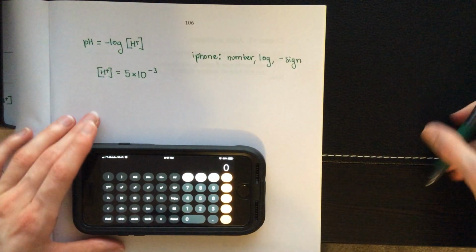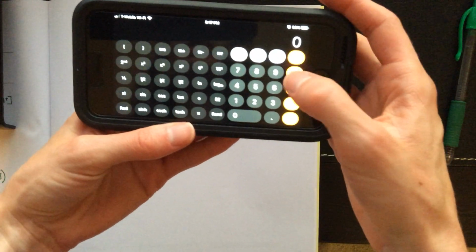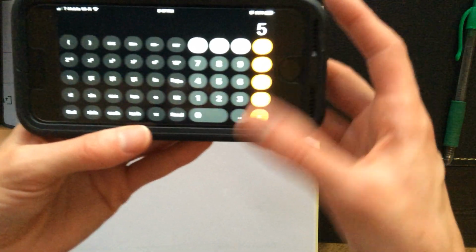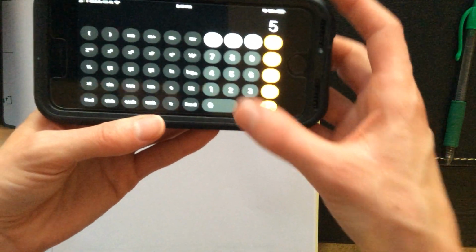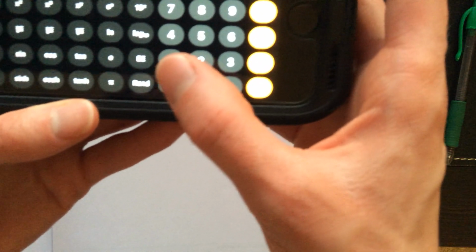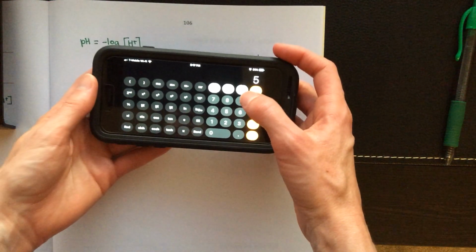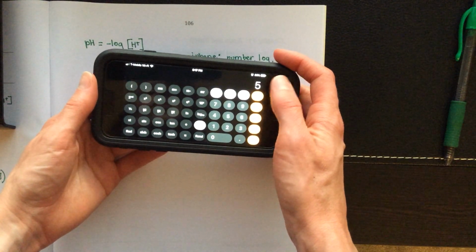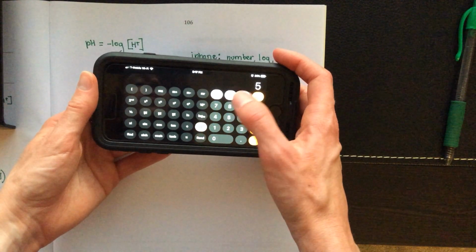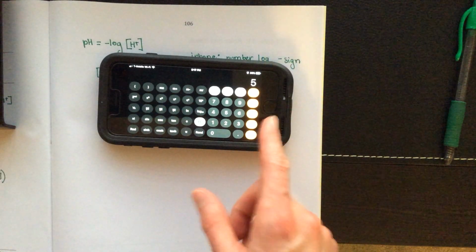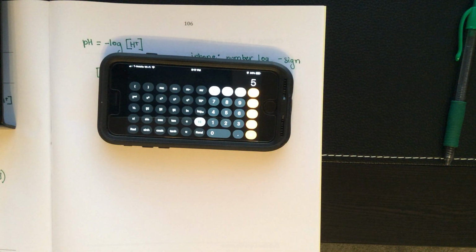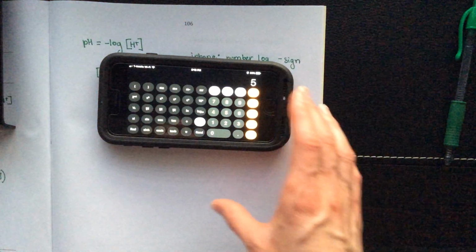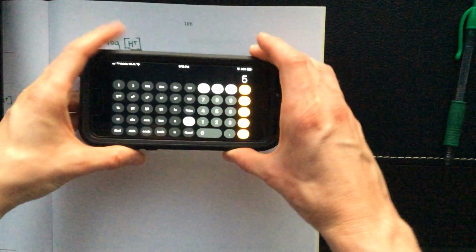Okay, so let's just type the number first. 5 times 10 to the negative 3. So here's 5. Remember on the iPhone there's a button that means times 10 to the, and it's this button right here, this little E. So 5 times 10 to the, and then you have to be careful on the iPhone because the minus sign is not the same thing as the negative sign.